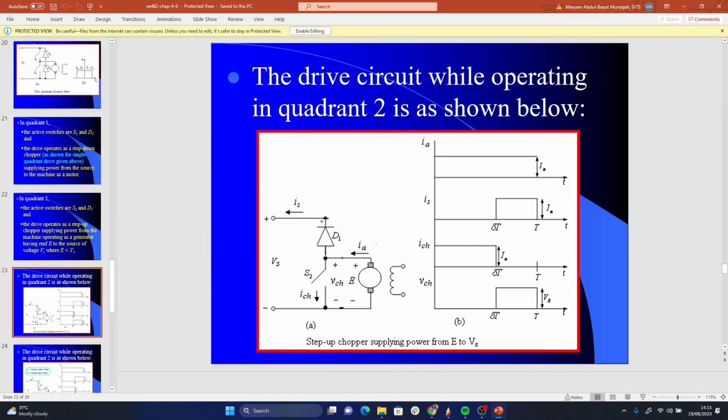Current is flowing through this part here. The first thing you must notice is that V naught here is equal to 1 minus delta of Vs. That's the first formula. So here it's not delta, but 1 minus delta. That's the V naught or the VCH, the chopper voltage, the same thing.